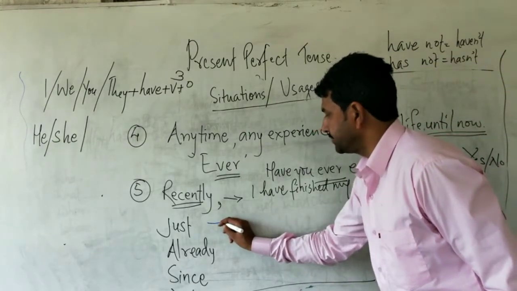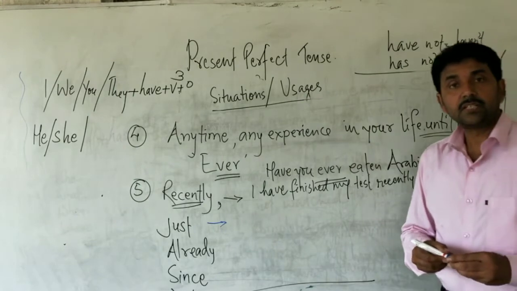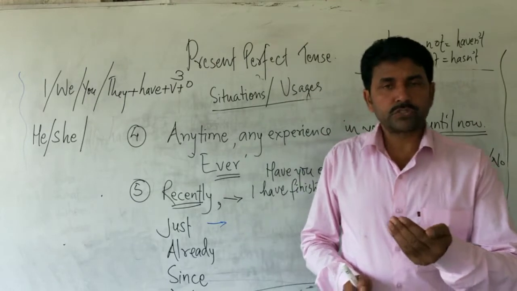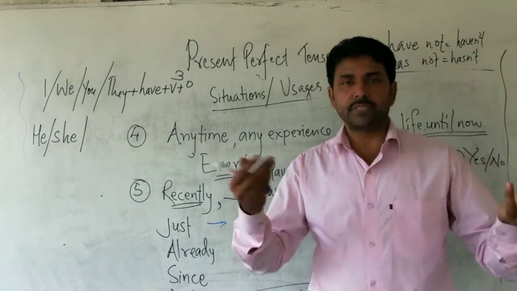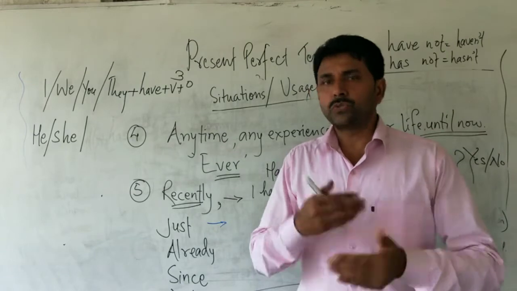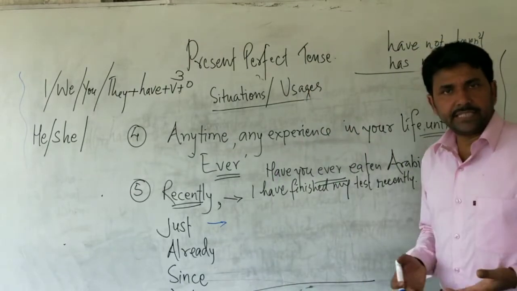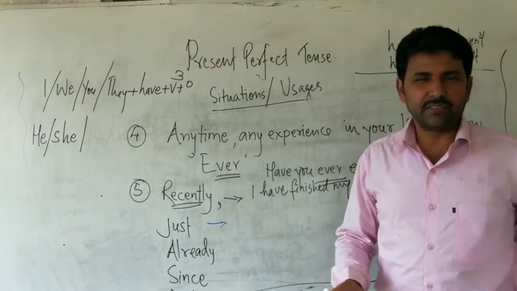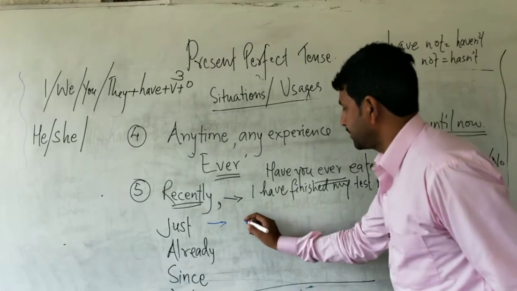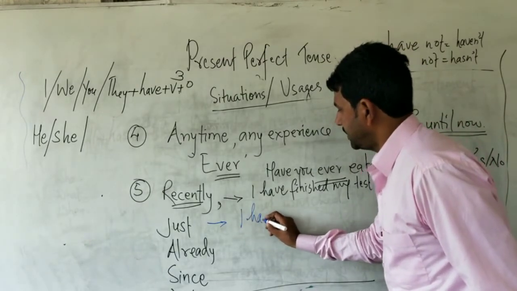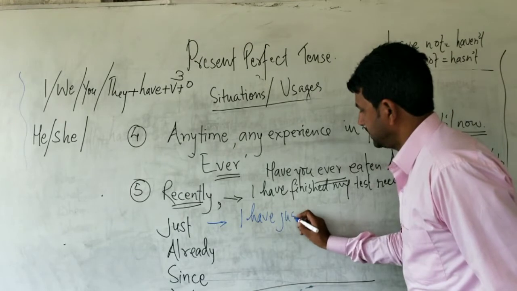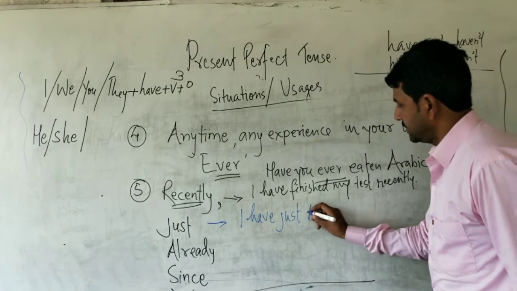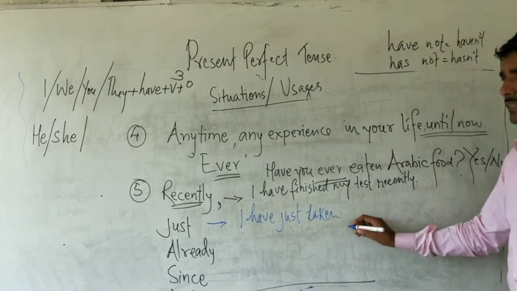If somebody says, would you like to eat something? And sometime before you have eaten something, you can say, I have just eaten a piece of cake, so I won't like to take anything more. You can say, I have just taken, say, a sandwich.